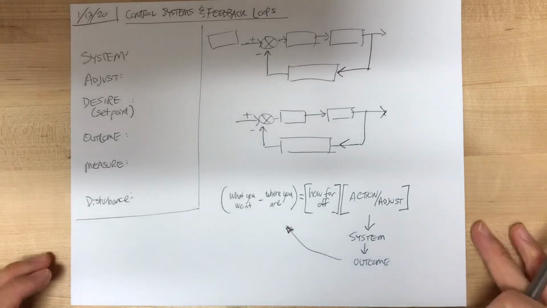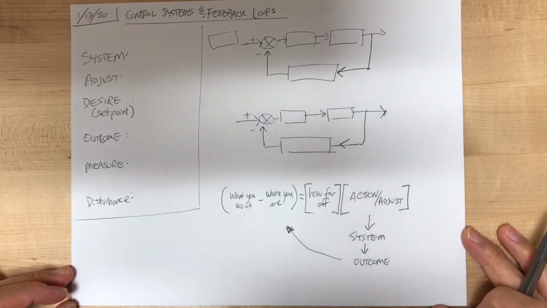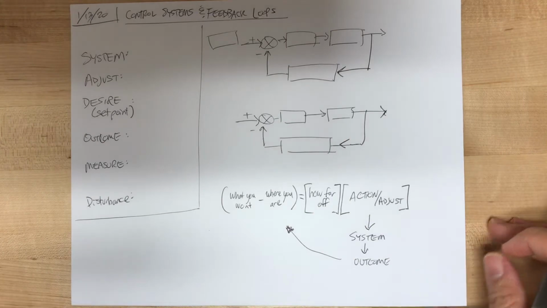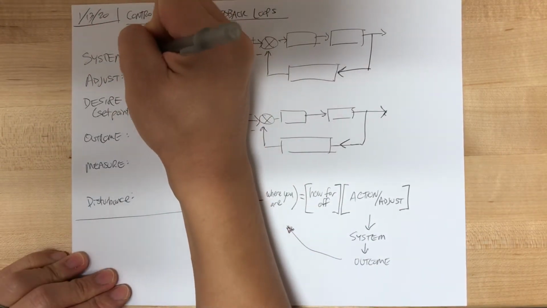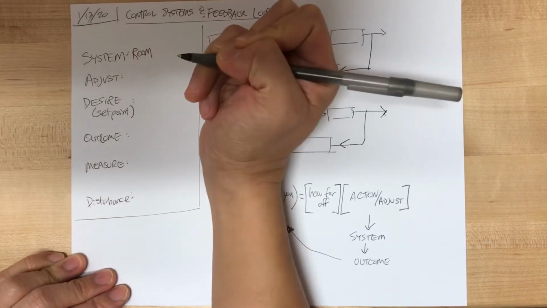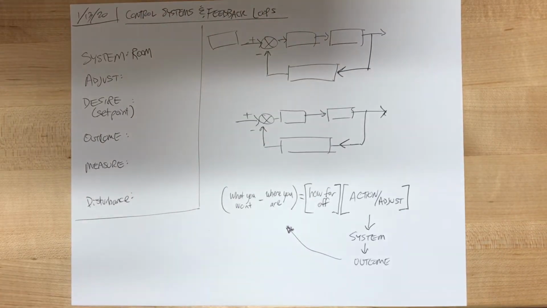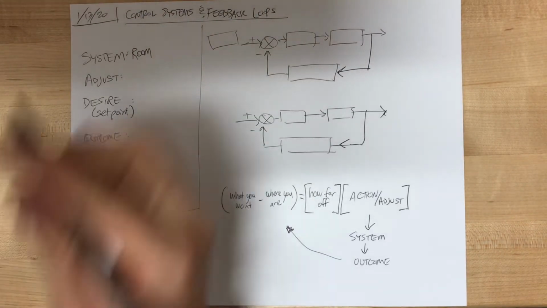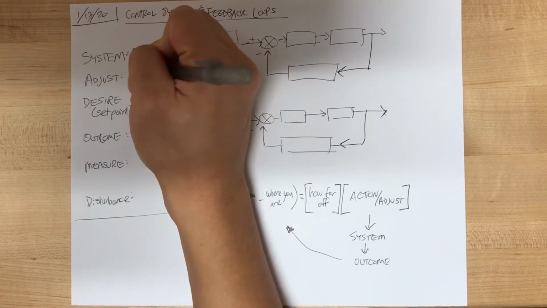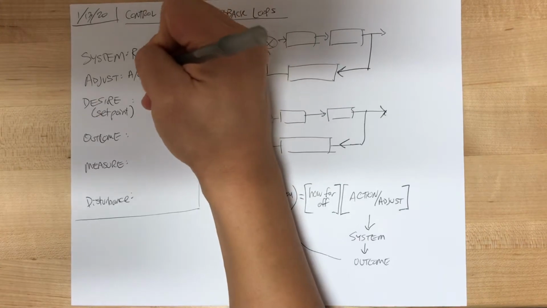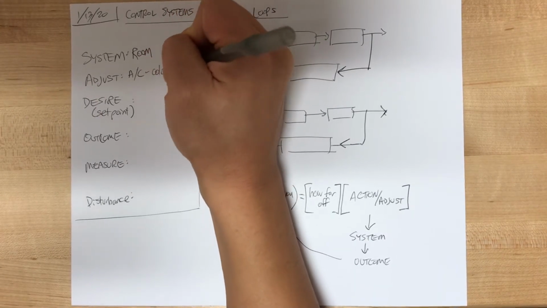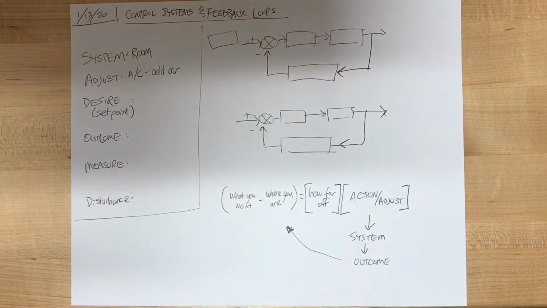I'd like to think that one of the more relatable situations of why control systems are needed is when you are in a room and you want to maintain the temperature. So let's assume that you've got some air conditioner, and the air conditioner is going to put in cold air as you need it.